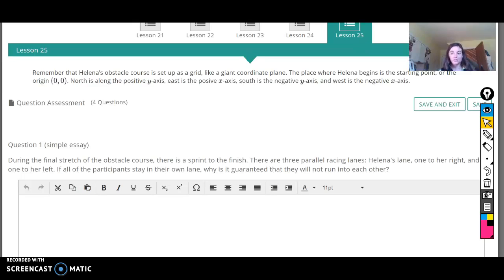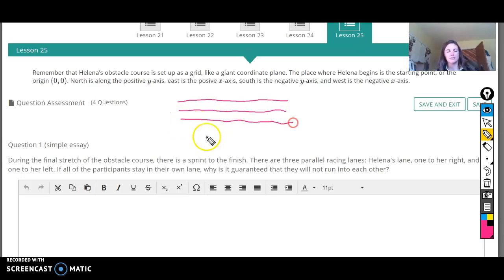Well, hopefully you understand that parallel lines never intersect. So if you can imagine, these would be 3 lines or 3 lanes on a track, right? And you'd have Helena in this middle lane, and you'd have a competitor on the right and a competitor on the left, okay?